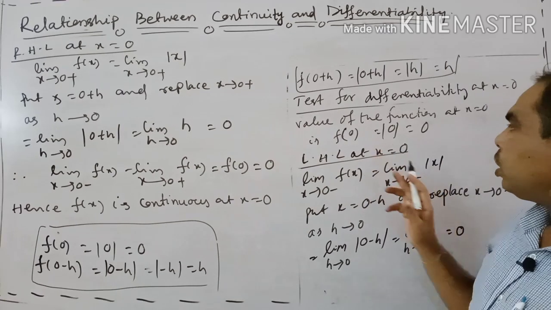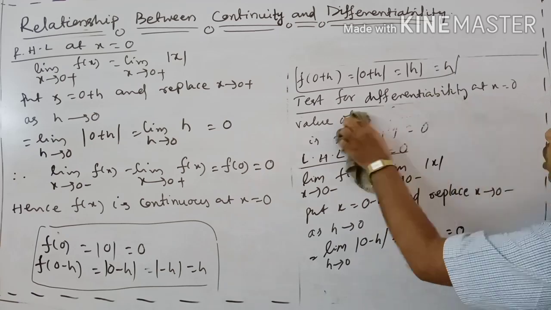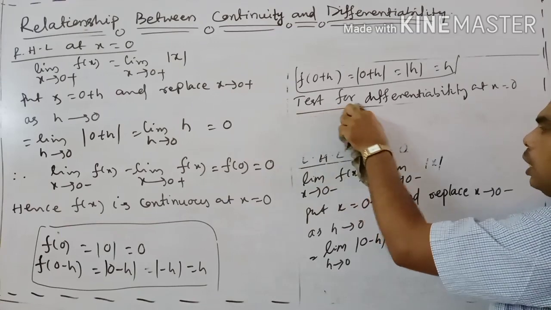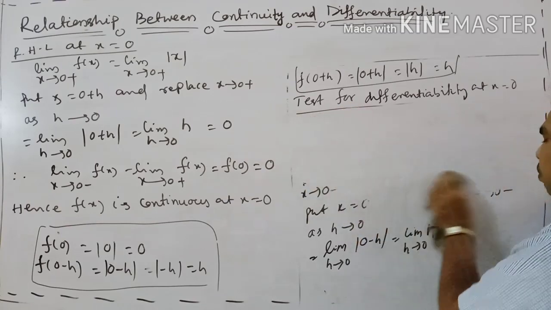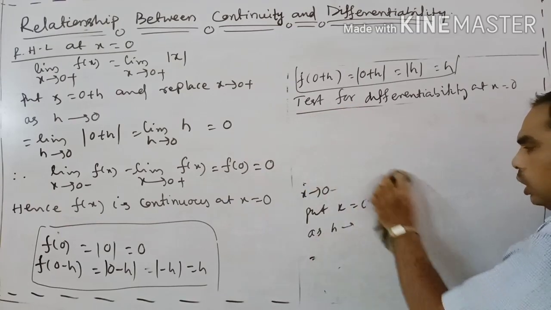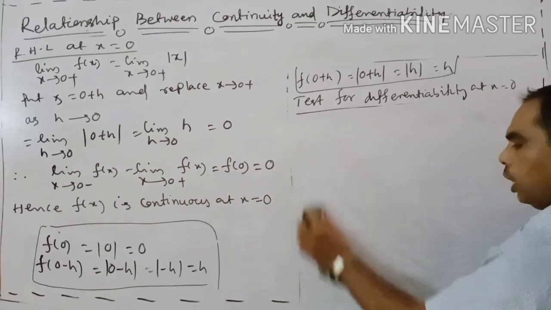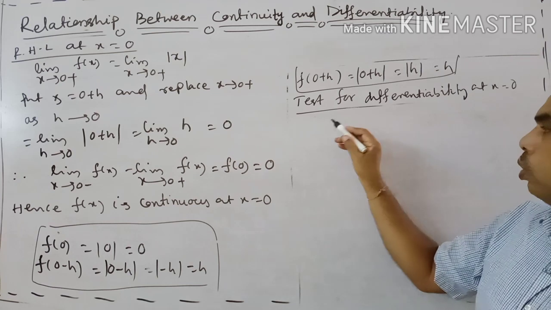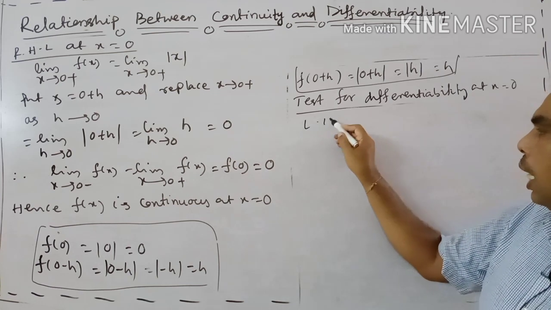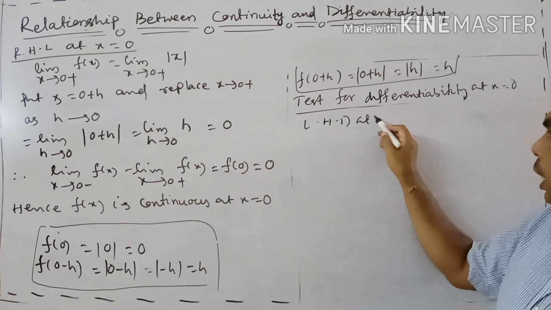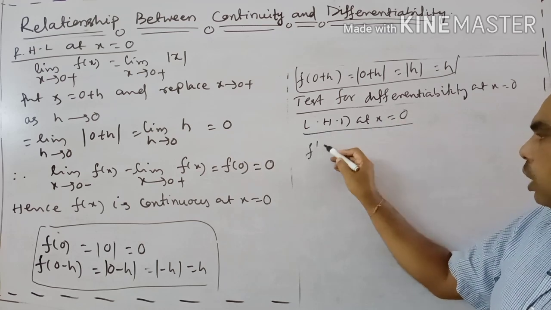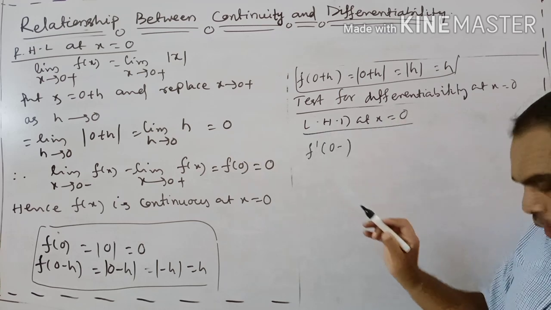So differentiability means what? Now we need to find the left hand derivative and right hand derivative. LHD at x is equal to 0. So this is f dash 0 minus.